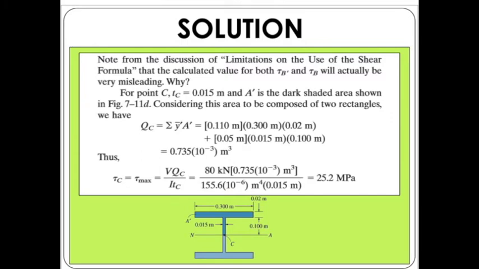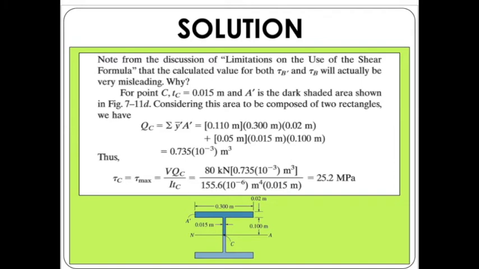So why? For point C, t C is equal to 0.015 and A prime is the dark shaded area shown in the figure. Considering this area to be composed of two rectangles, we can calculate the value of tau maximum. We can calculate the value of Q C equal to the total of y bar times A prime, which is the area of the flange as well as the area of the web.